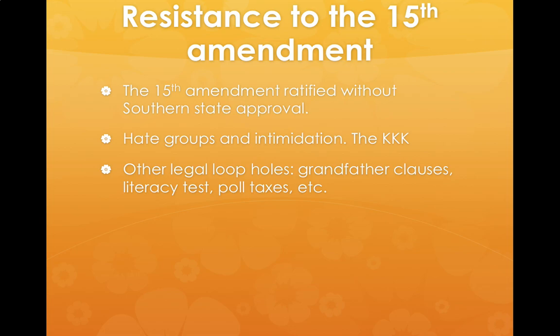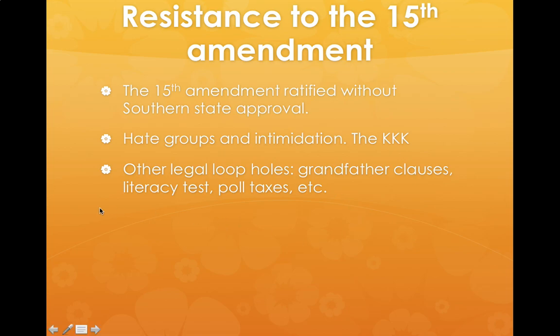And that means their children won't be able to vote, their grandchildren won't be able to vote, and so on and so forth. So they really found the loophole in the 15th Amendment, because it said you couldn't deny people the right to vote based off of race, color, or previous servitude. It didn't say anything about your heredity. It didn't say your grandparents. So they really found tricks to keep Black people from voting.